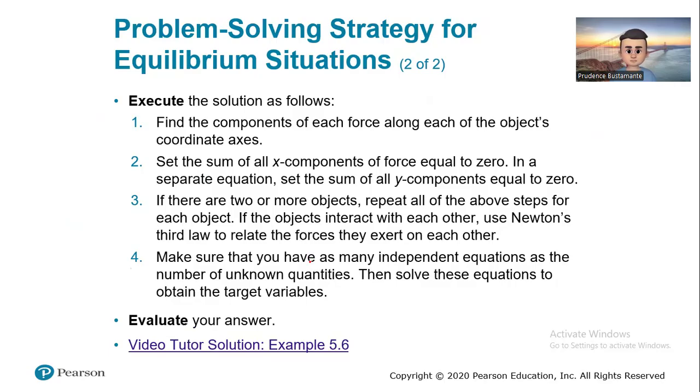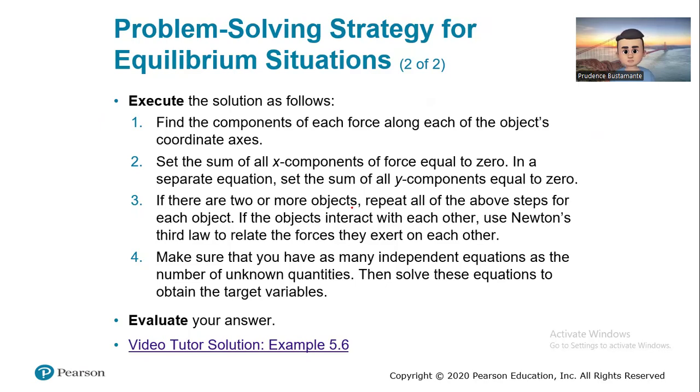Then you execute: find the components of each force along each of the object's coordinate axes. Sum of all the components of the force equal to zero. In separate equations, set the sum of all the components equal to zero. If there are two or more objects, repeat all of the above steps for each object.